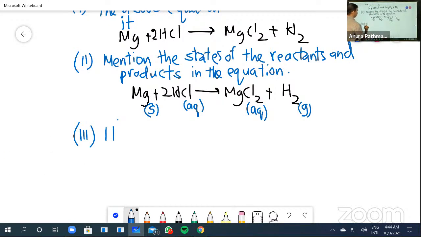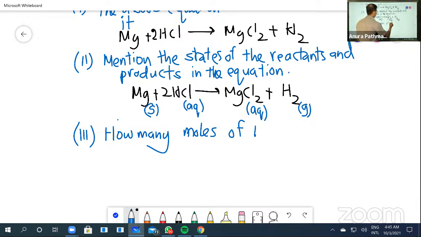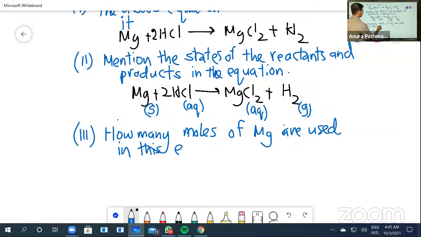How many moles of magnesium are used in this experiment?